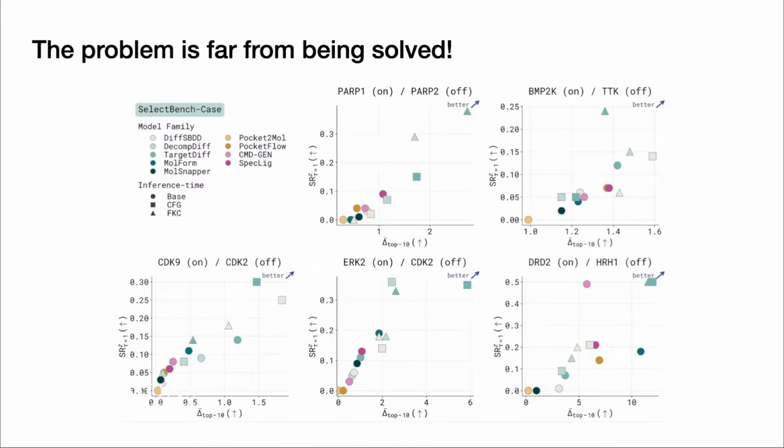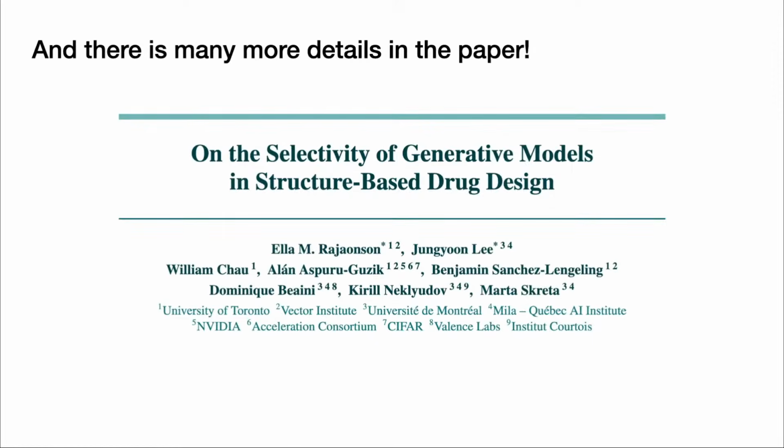This is an open problem, and I think it's very interesting, and the community still hasn't resolved it in some way. And this is already unrelated to the previous part of the talk with the set operations, because who knows what's the best approach in practice in the end. Yeah, it's called On the Selectivity of Generative Models in Structure-Based Drug Design.